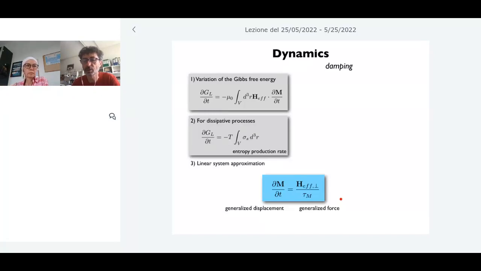because we can only have a rotation, and the magnetization will not change in modulus. And the second important thing is that this choice is perfectly coherent with the fact that in order to reach an energy minimum, we always have to dissipate energy. That is, for dissipative processes, the variation in time of the Gibbs potential must be proportional to the entropy production rate, so it has to be always positive.